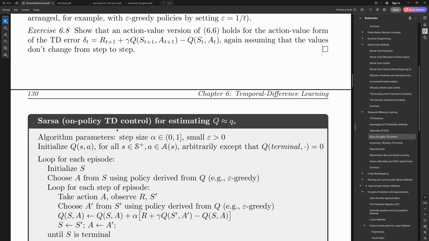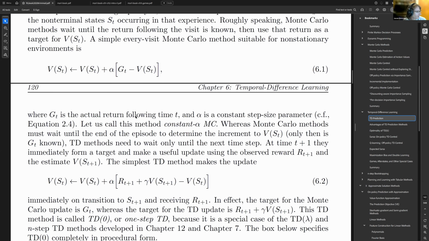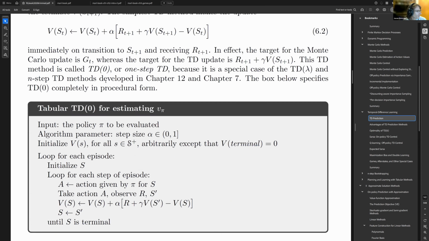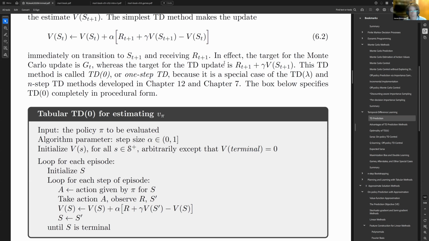Which I assume is maybe what you were doing, some kind of Sarsa algorithm, because you can also do TD prediction with this, where you're just learning the state value function. You would use that to learn a value function without actually solving the control problem with an actual policy.